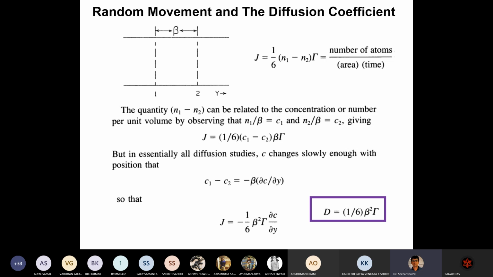So the number of atoms jumping from plane 1 to plane 2 in a dt time period is 1/6 n1 tau dt. The net flux from plane 1 to 2 you can write as in the slide: J equals 1/6 (n1 minus n2) tau, in number of atoms per area per time.